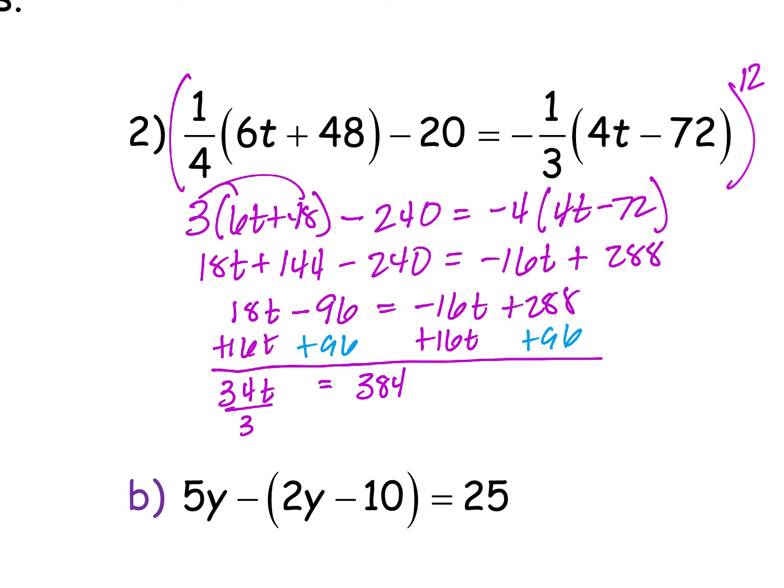Divide by 34. T equals 384 divided by 34, which gives me 11.29 in decimal form. I should just simplify it.